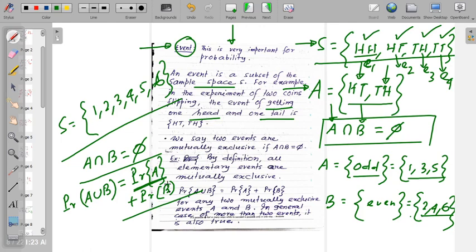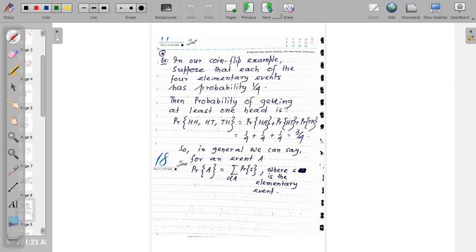Now let us take one example of how this comes into the picture when we are finding the probability of one event. We'll be taking that definition into account, that all elementary events are mutually exclusive.